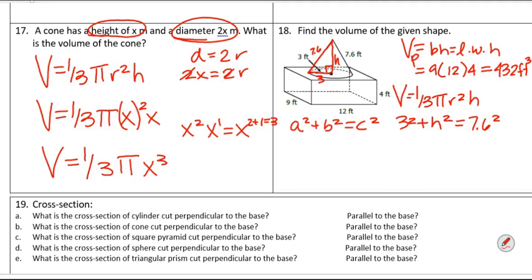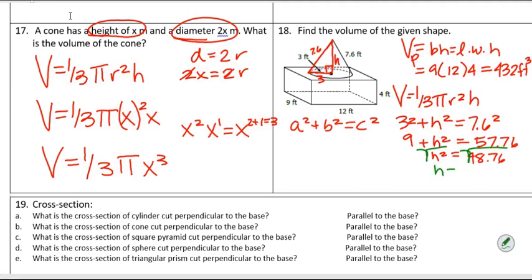When I do all of that, I get 9 here plus h squared equals, so this is 57.76. Going to subtract the 9 from both sides. So that would give us 48.76. Going to take the square root of both sides.